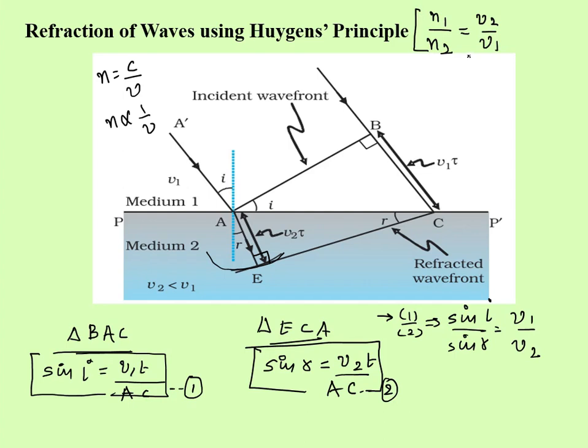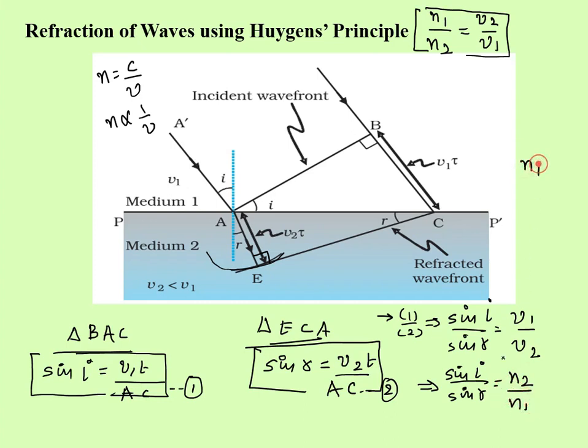Apply this relation in our equation. What we get: LHS, sin i upon sin r. What is the RHS? V1 upon V2, which should be n2 upon n1 because n and v are inversely proportional. Apply cross multiplication.